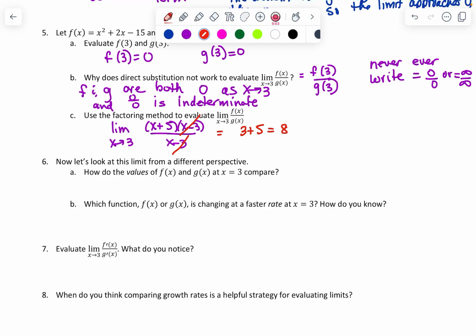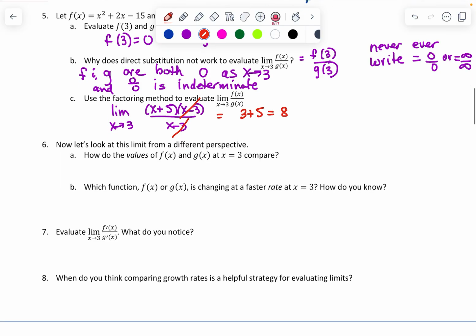So this is interesting, okay? I'm heading somewhere with this. Now let's look at this limit from a different perspective. How do the values of f of x and g of x at x equals 3 compare? Well, they're the same, and f of 3 equals g of 3 is 0.